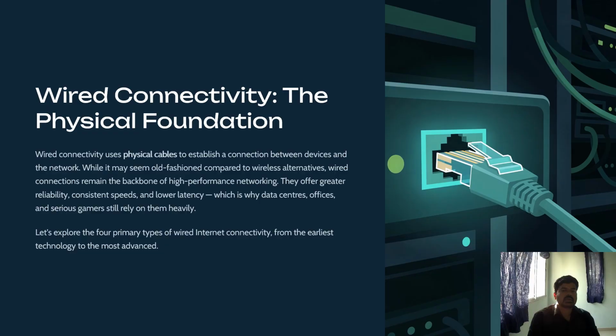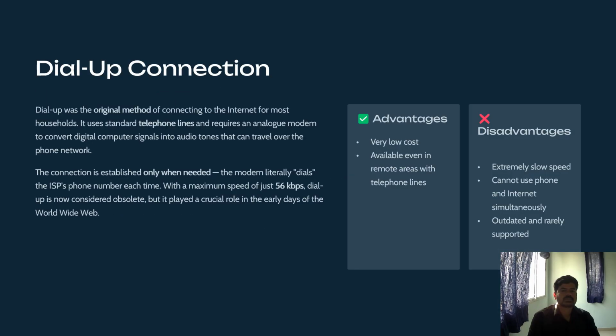Now, let us explore different wired connectivity types. The first one is dial-up connection. Dial-up was the original method of internet connection. It uses telephone lines. It requires an analog modem.